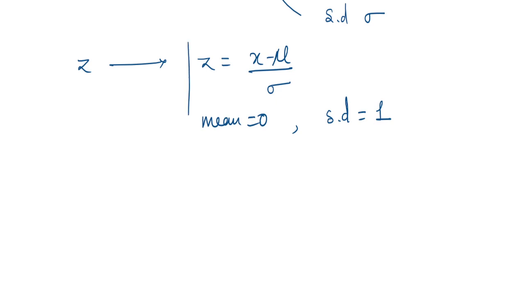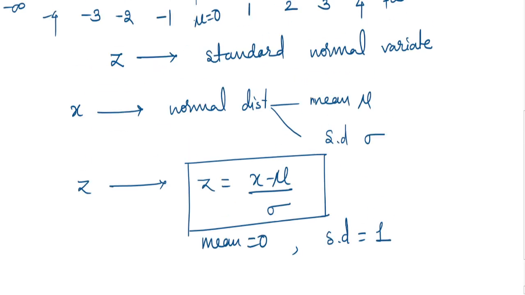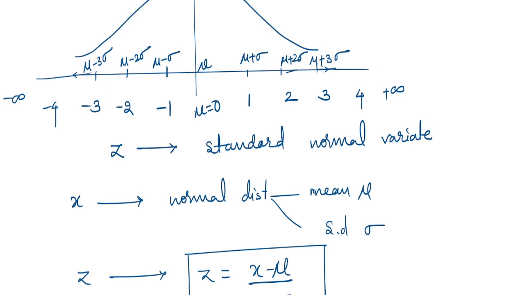This formula of z is also referred to as z score, and the shape of this standard normal distribution is the same as the shape of the normal distribution. And this z score gives the number of standard deviations from the mean.